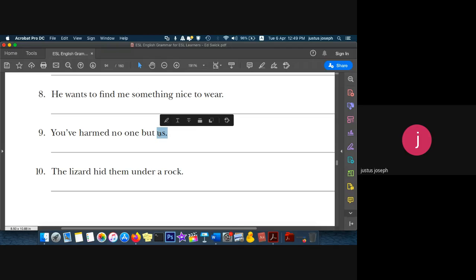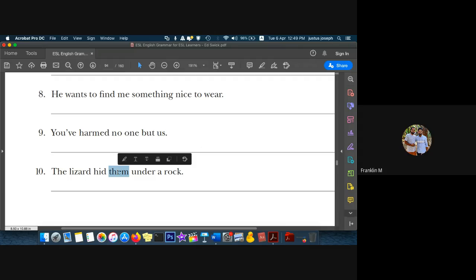The lizard hid them under a rock. How will you refer to an animal? It, itself. The lizard hid itself under a rock.